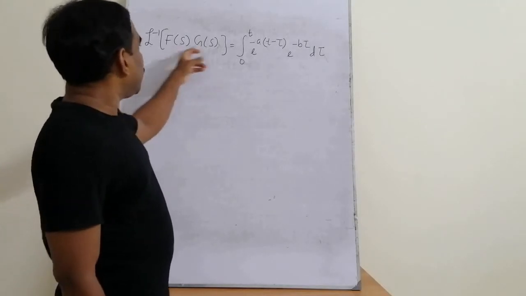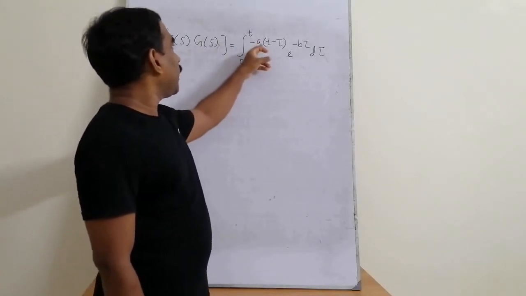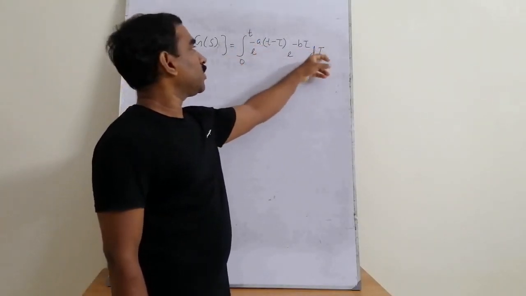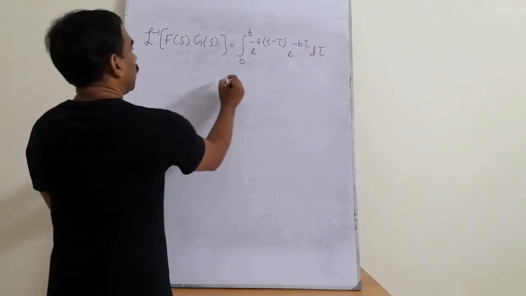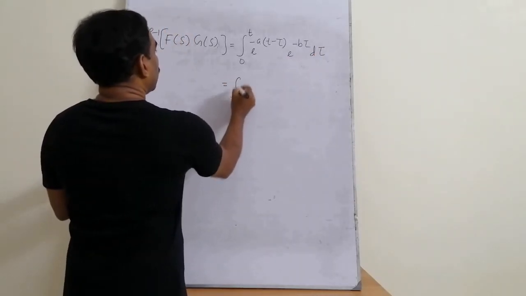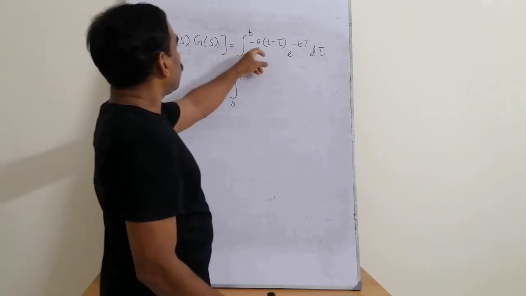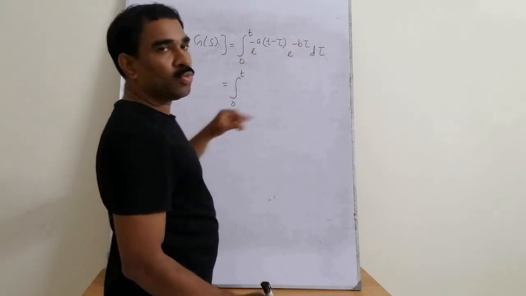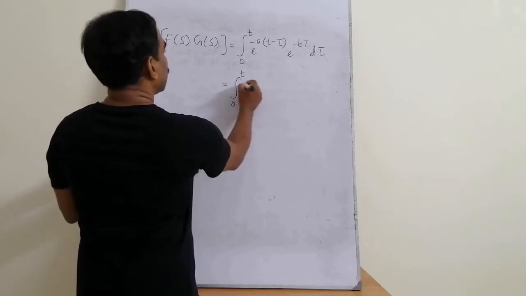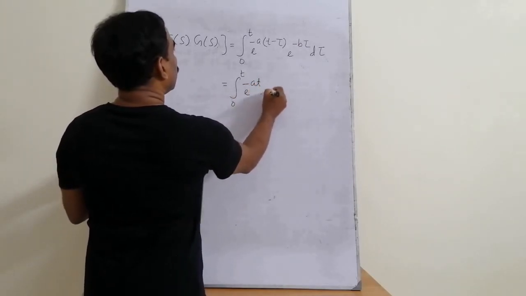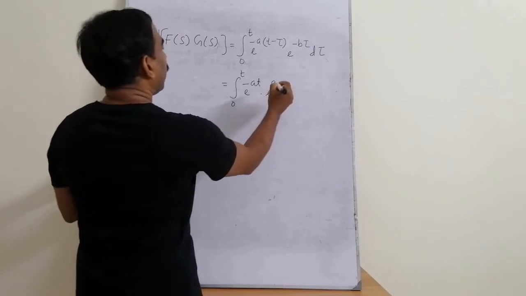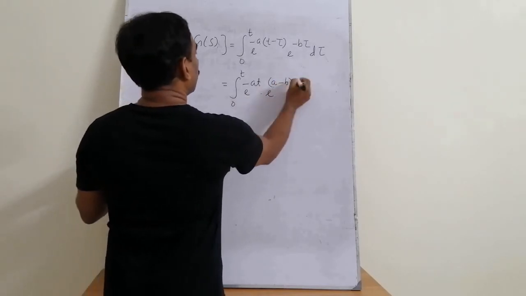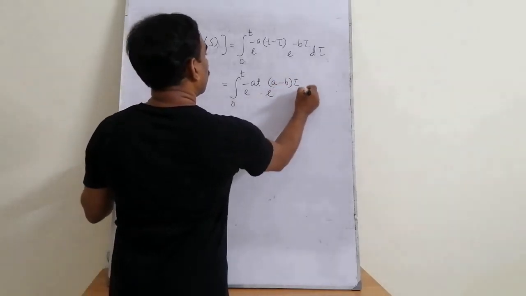That is, L inverse of F(s) G(s) is equal to the integral 0 to t of e raised to minus a(t minus tau) e raised to minus b tau d tau, equal to the integral 0 to t of e raised to minus at, e raised to a tau, e raised to minus b tau. So we can combine this as e raised to minus at into e raised to (a minus b) tau d tau.